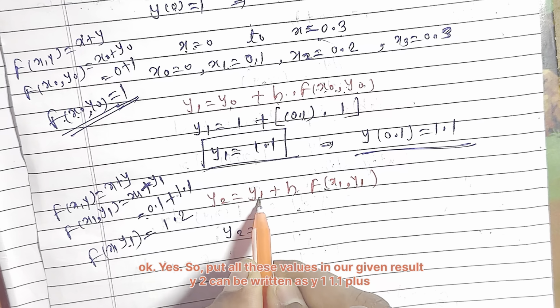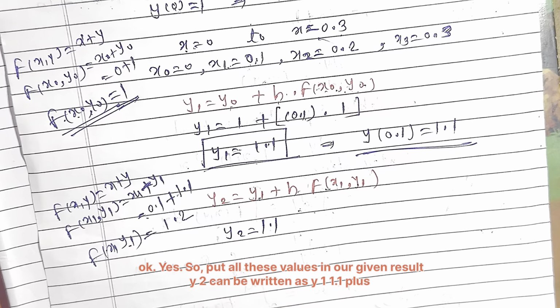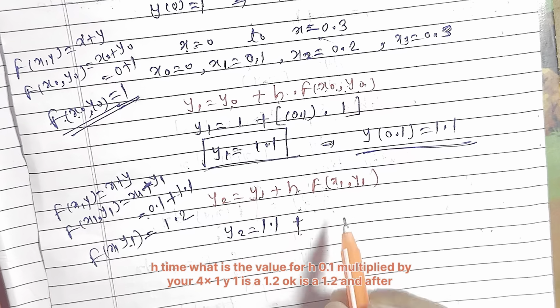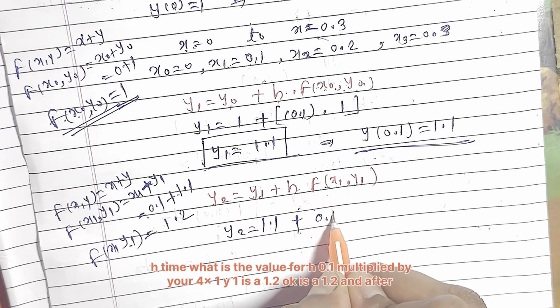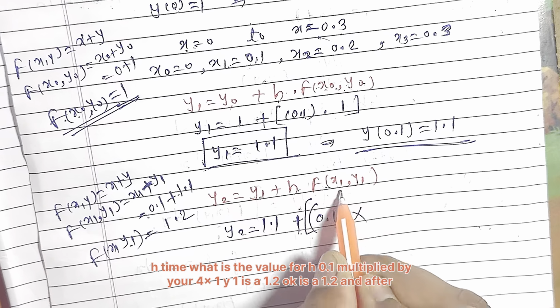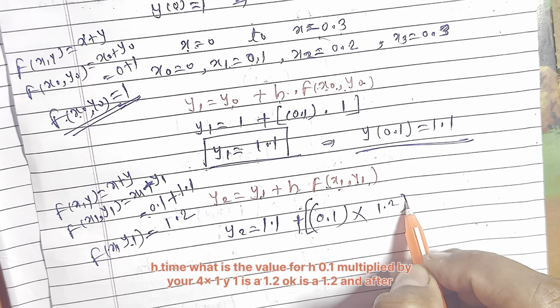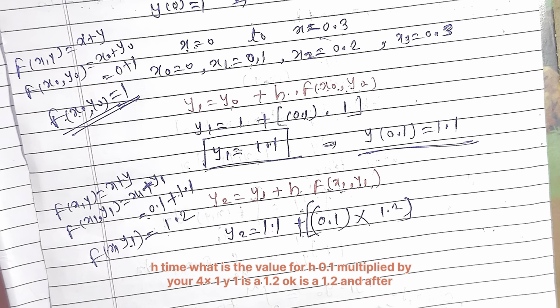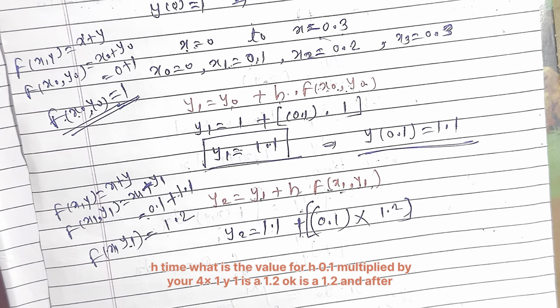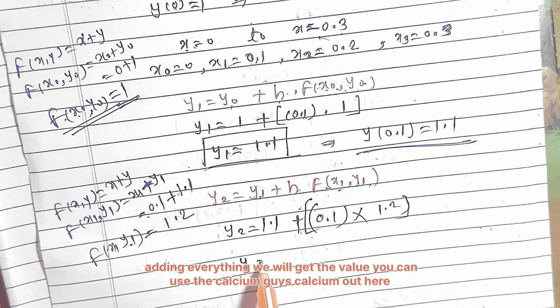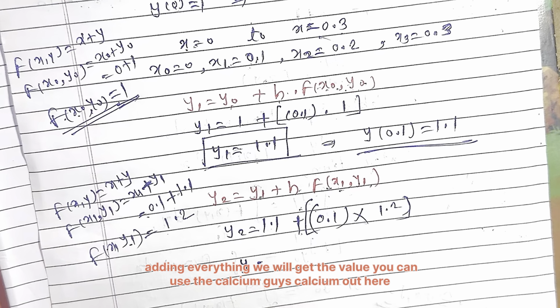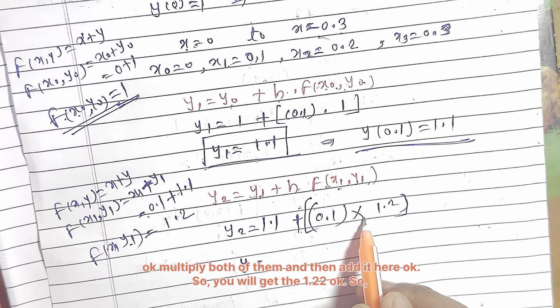Put all these values in our given result. y2 can be written as y1, 1.1, plus h, which is 0.1, multiplied by f of x1, y1, which is 1.2. You can use the calculator here: multiply both of them and then add.